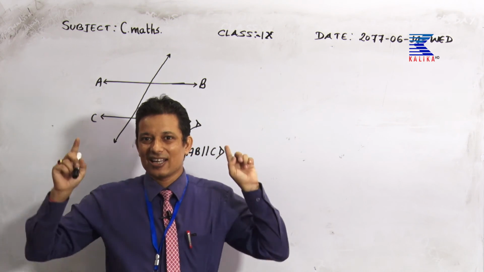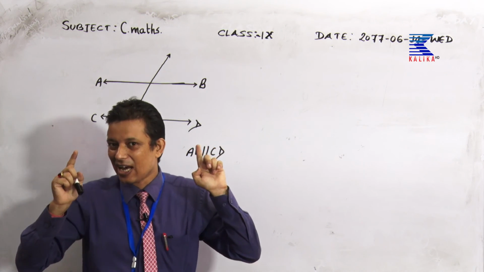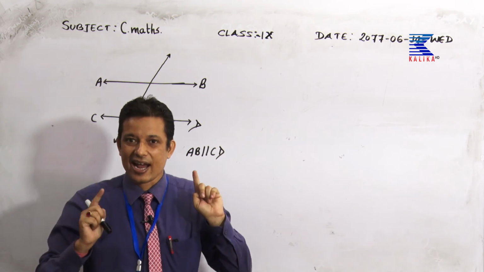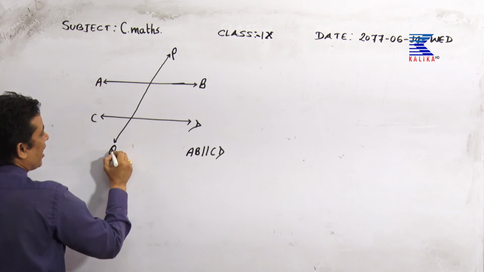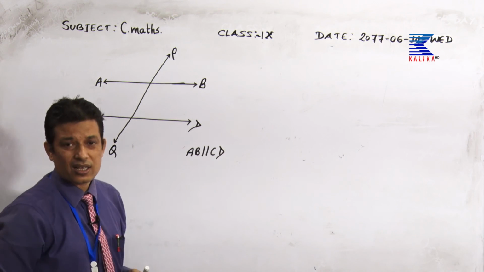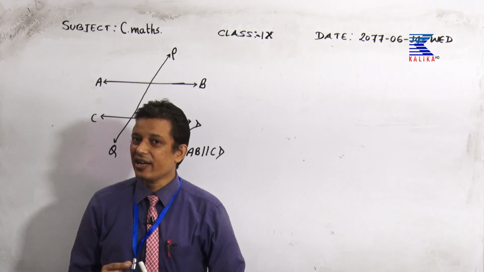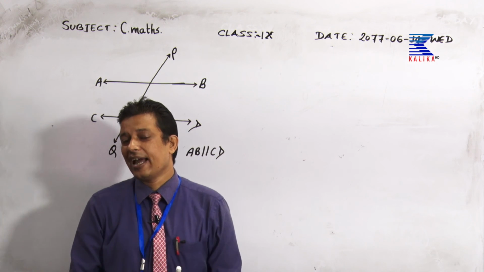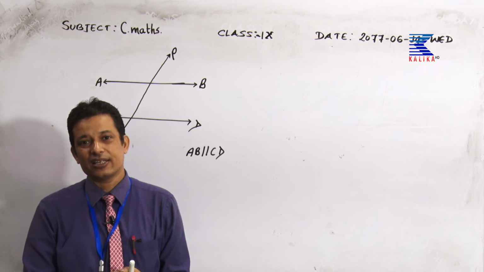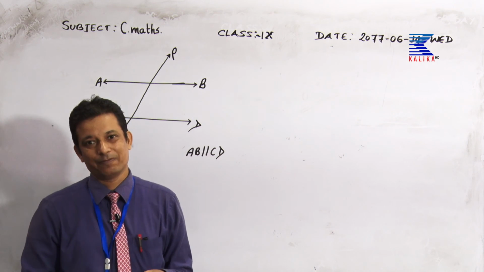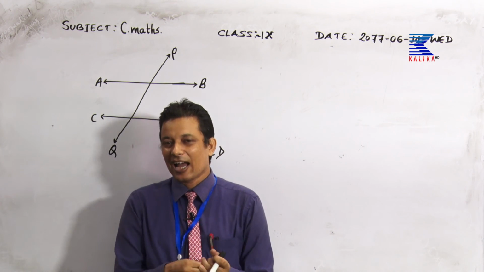This is why lines AB and CD are known as parallel lines, and this line PQ is known as the transversal. The transversal has got two lines, AB and CD.